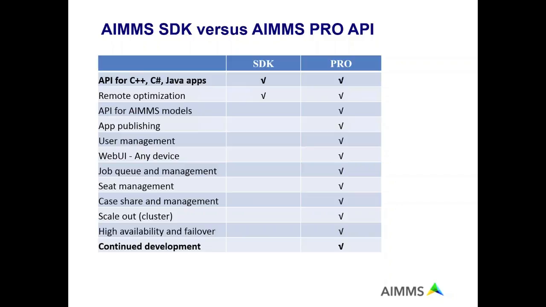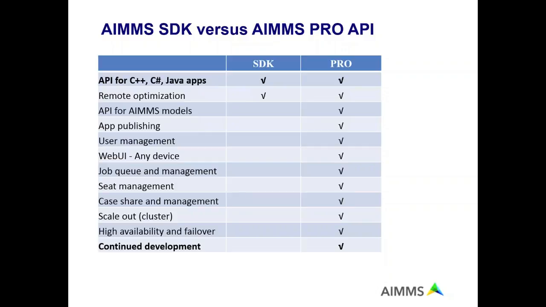You have user management, who is allowed to run which application. AIMMS Pro has web UI support, which is not really relevant to embedding, but still it's an important factor for AIMMS Pro. You can use the same application as a WinUI application, like the Flowshop model you've just seen, and as an embedded application. Well, that holds for a web UI as well.